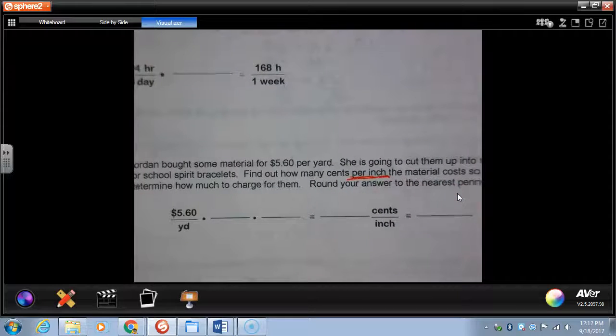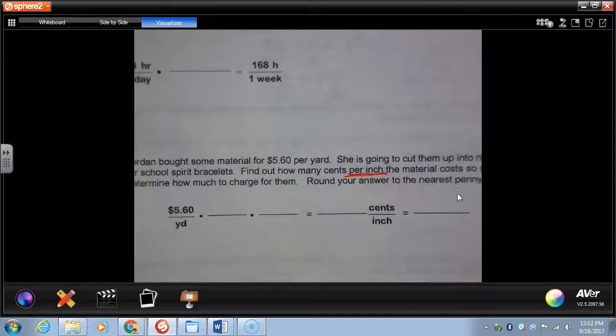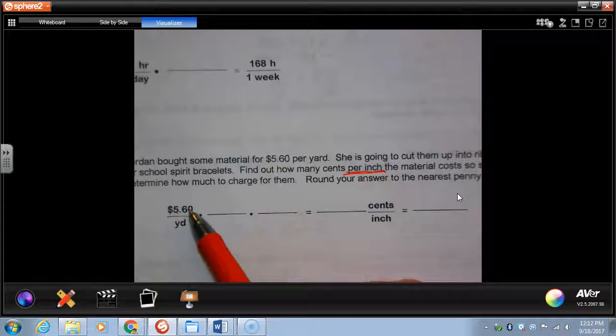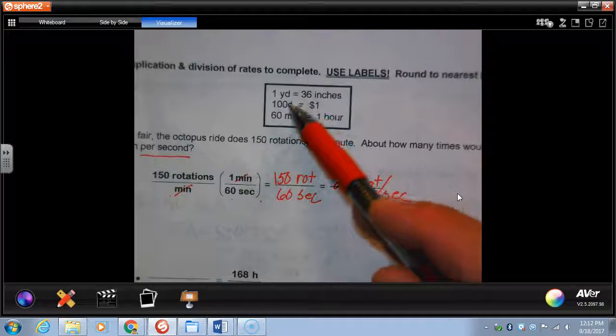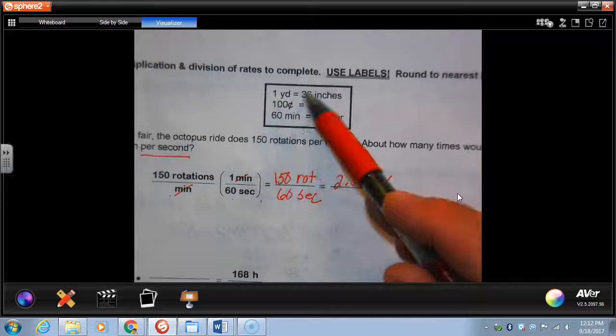We're going to have to multiply it out. They were kind enough to put $5.60 per yard. I need to change yards to inches. And from my handy dandy little chart up here, I know that there's 1 yard in 36 inches.